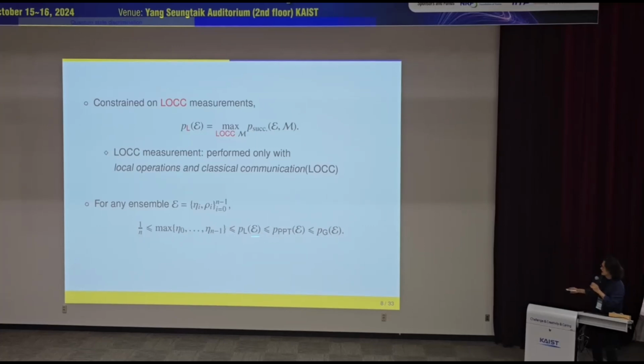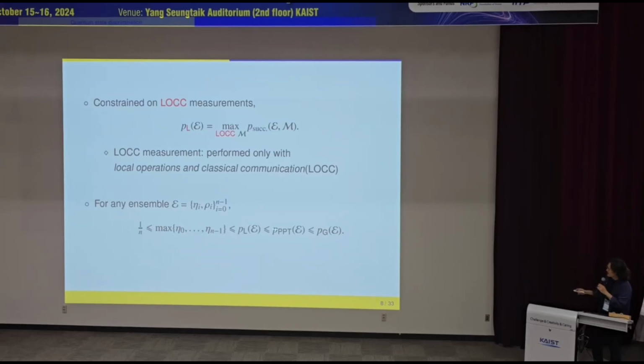So we have these trivial inequalities. And also, if we just guess the prepared state as the state with the largest probability, then it can also be done with LOCC operation. So P_L is always bounded below by the maximum of the preparation probability. Again, this one is bounded below by the probability of random guessing. So we have all these trivial inequalities.